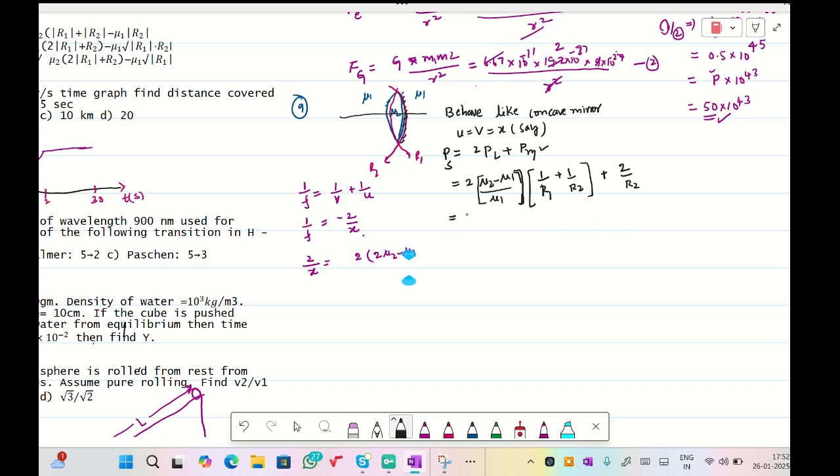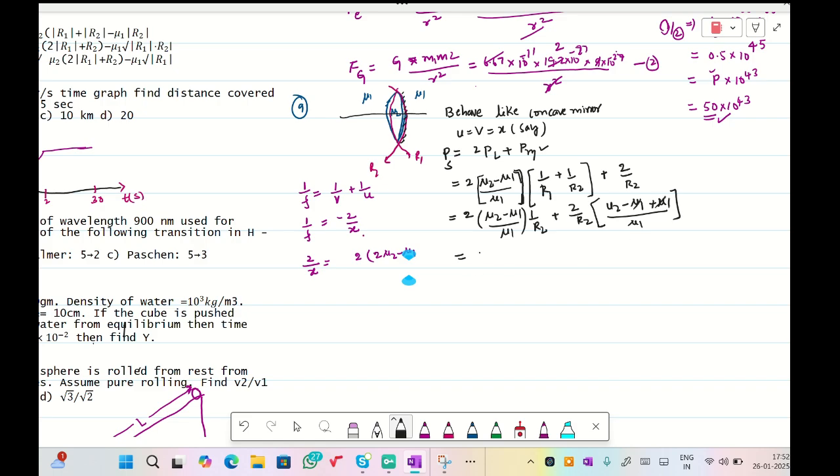So now that is equal to 2 into mu2 minus mu1 by mu1 into 1 by R1. So 2 by R2, take common. If you take 2 by R2 common, mu2 minus mu1 by mu1 plus 1, therefore plus mu1 by mu1. So this mu1 gets cancelled, mu2 by mu1.